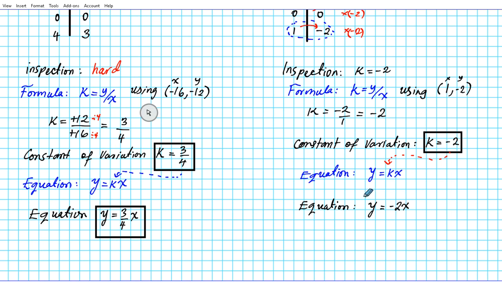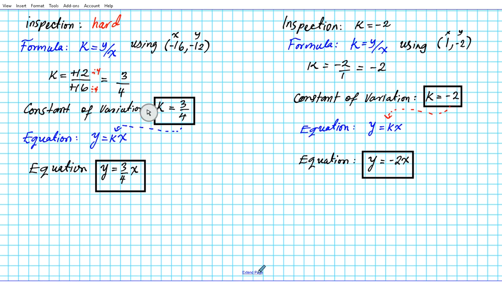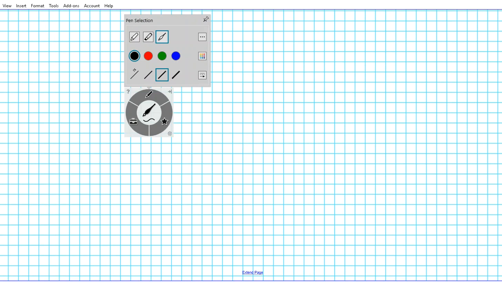Alright, so we're done with numerical representations. Let's switch gears and take a look at an algebraic representation. Okay, so for questions 5 through 8, these are the instructions. We're not just finding the constant of variation, we're identifying.